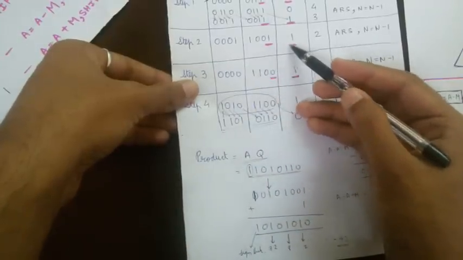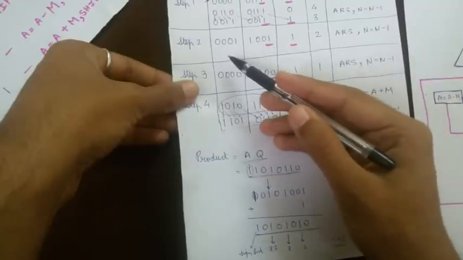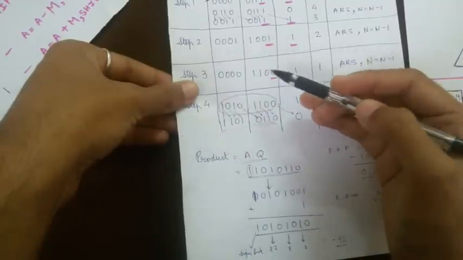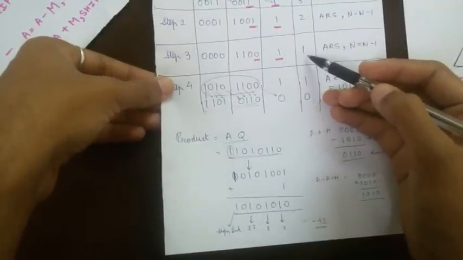Now for step 3, we can see that the value of Q0 and Q minus 1 is 1 1 again. So these terms get shifted by 1 again. That is the arithmetic right shift operation, and the value of n gets decremented by 1 once again.